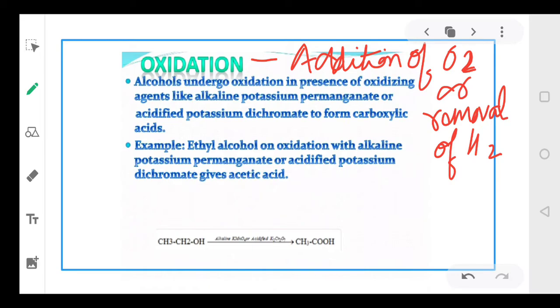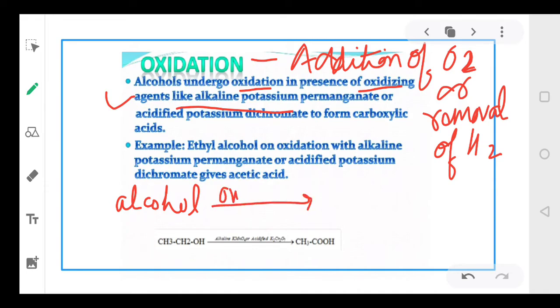Okay. So alcohols undergo the oxidation reaction in the presence of an oxidizing agent, that is alkaline KMnO4 or acidified potassium dichromate, and then they form carboxylic acid. So हम simple reaction में कह सकते हैं alcohols, इनका oxidation होगा, and they will form carboxylic acid.